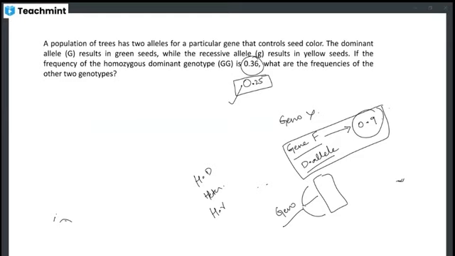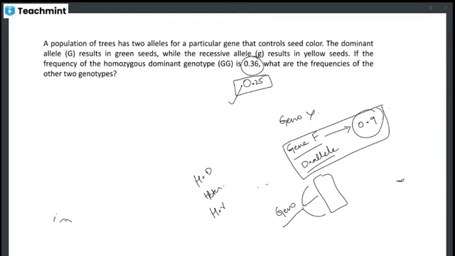So I saw someone was asking about paramutation. Can anyone answer what you mean by paramutation? How will you describe paramutation? Anyone?